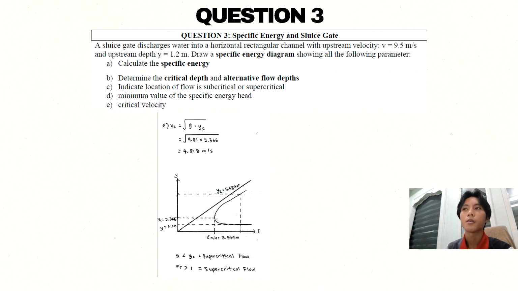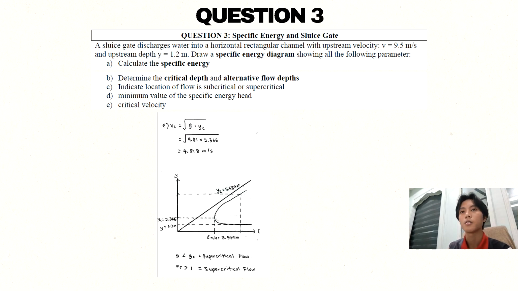So the final step is to find E, the critical velocity. So we'll be using the formula Vc equals square root of gravity times yc. So the final answer will be 4.818 meters per second.